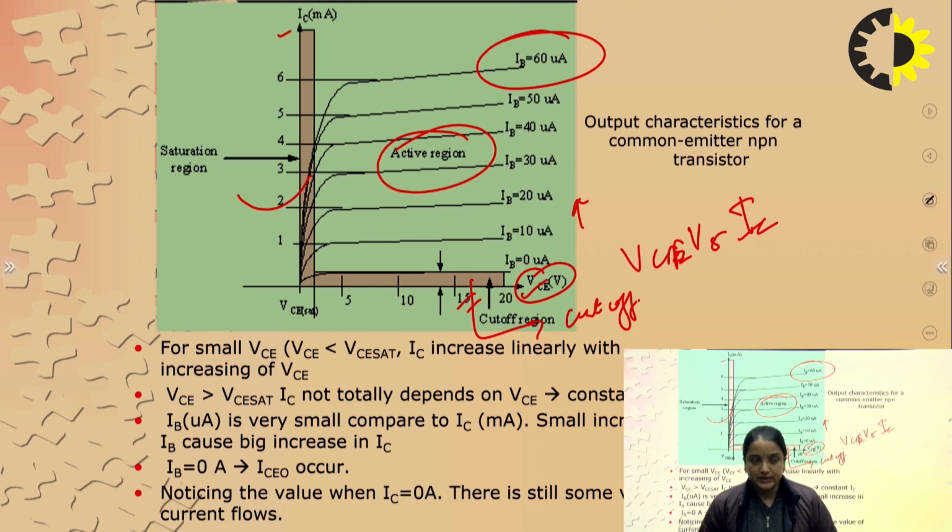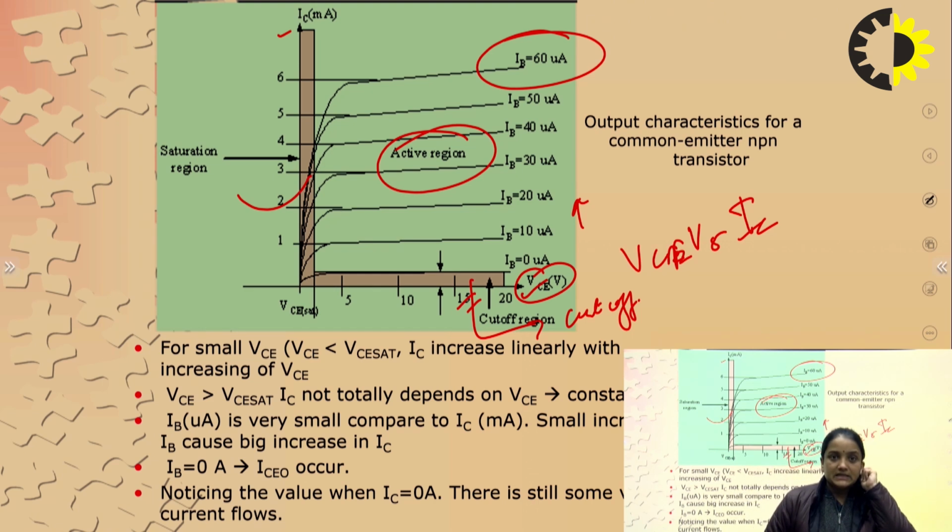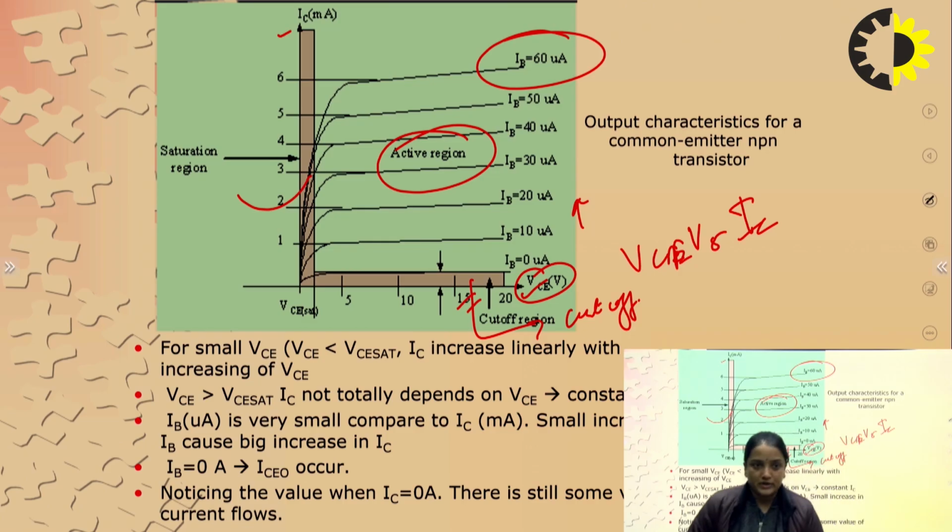Moving on to the output characteristics, we will see the different modes of operation, how it operates in different modes, its significance, and how it applies to different regions. So this is all about the description of the output characteristics.